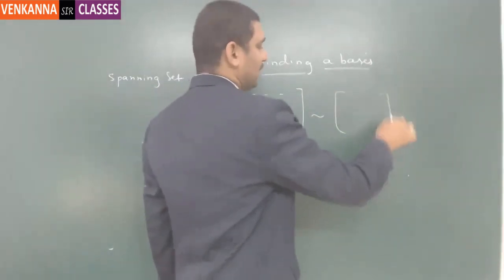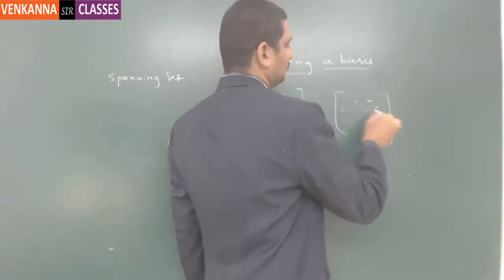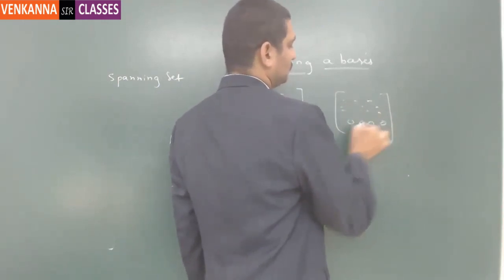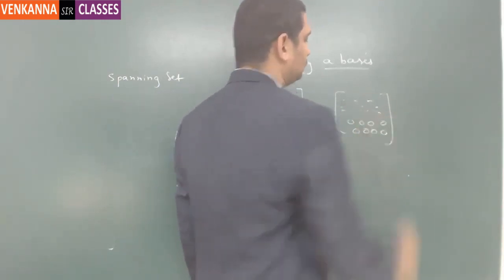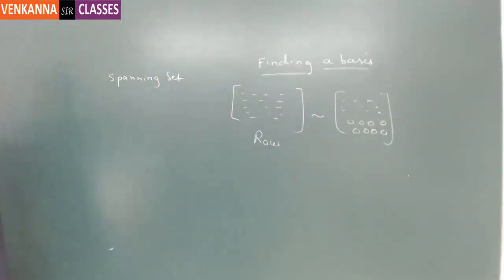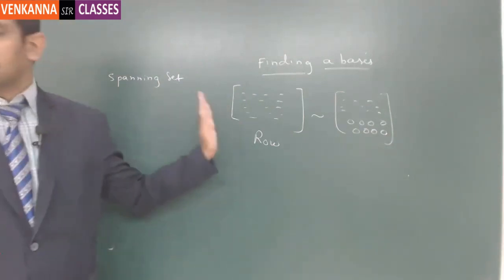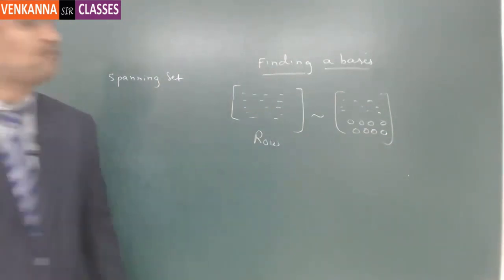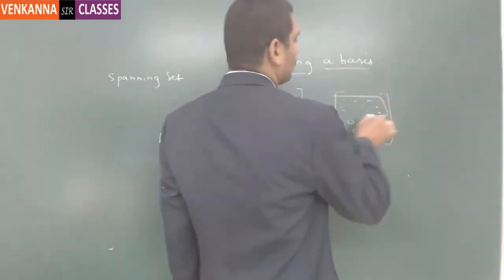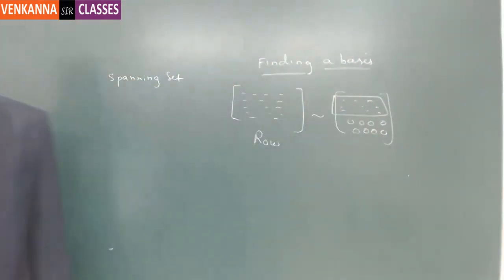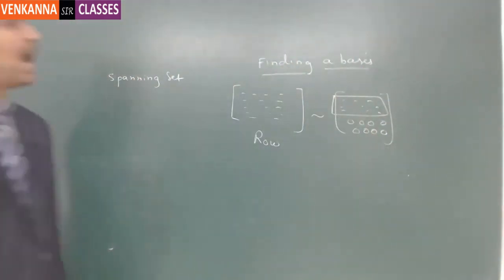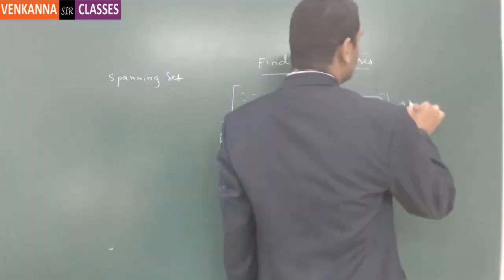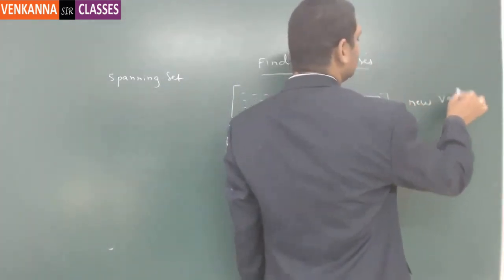Then you will get a new matrix. Now in order to get a basis, after reducing it into echelon form, you will get new vectors there, and we are saying that the new vectors are a basis.